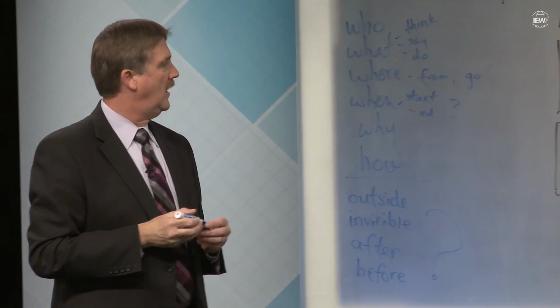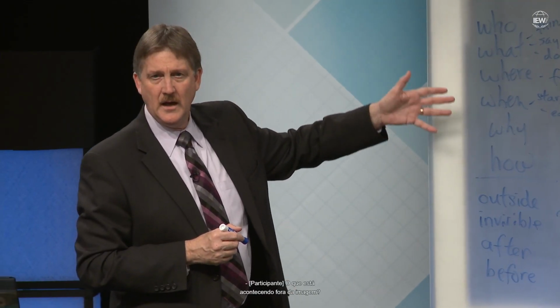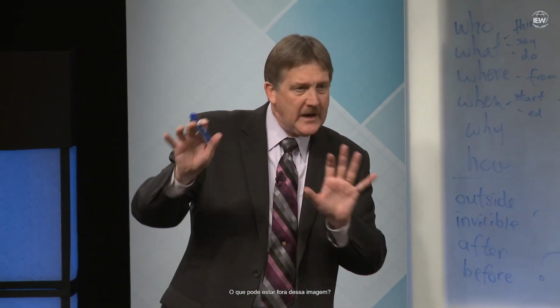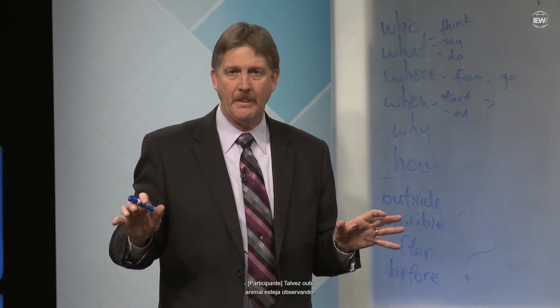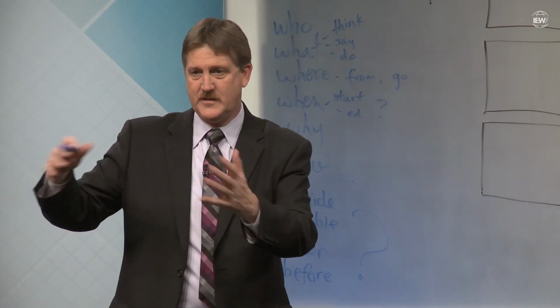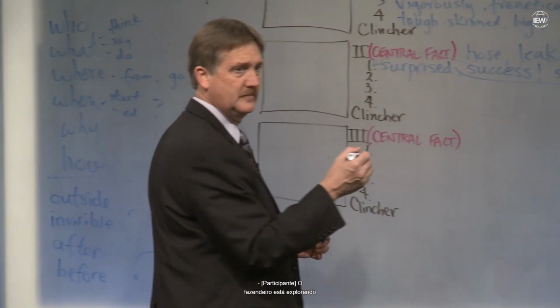Okay. All right. Someone ask another question. What's going on outside of the picture? What could be outside of that picture? Maybe another animal is watching. Okay. The flock. His siblings. All right. The farmer is looking for him.